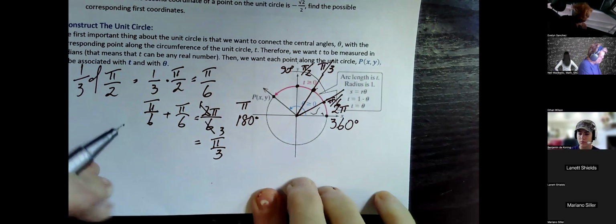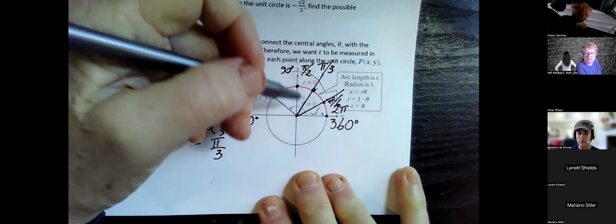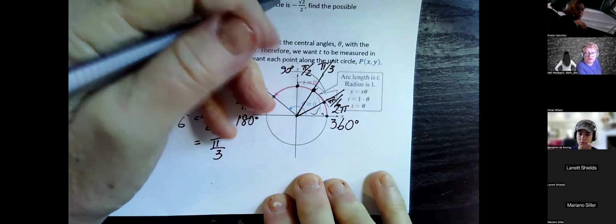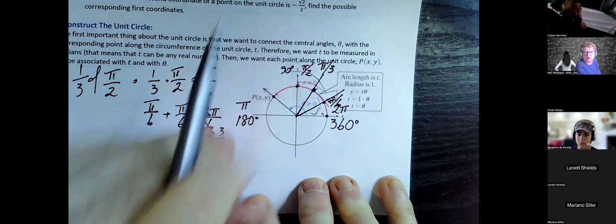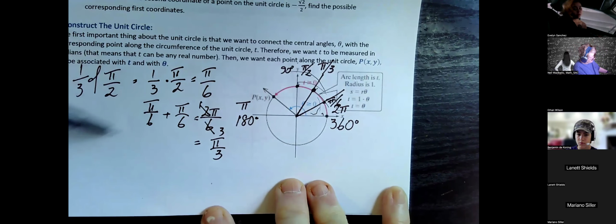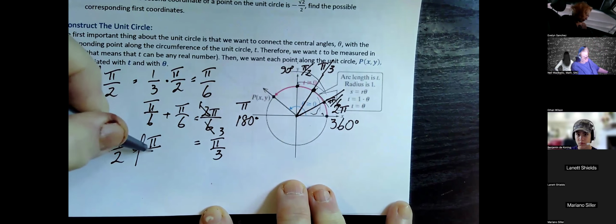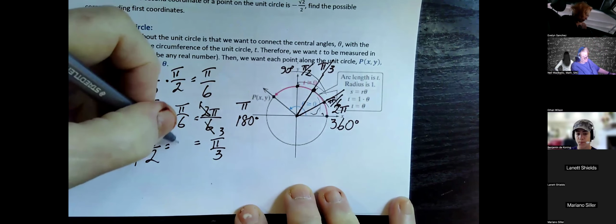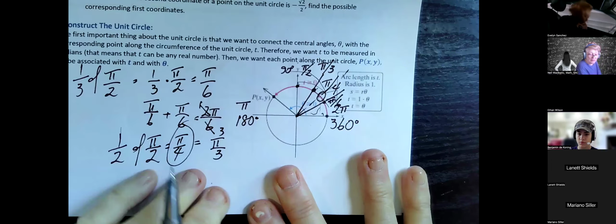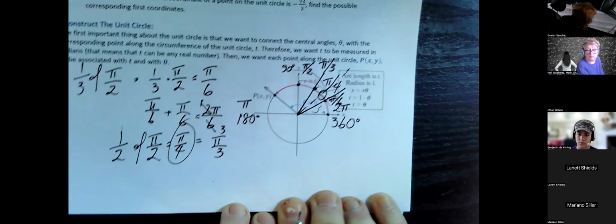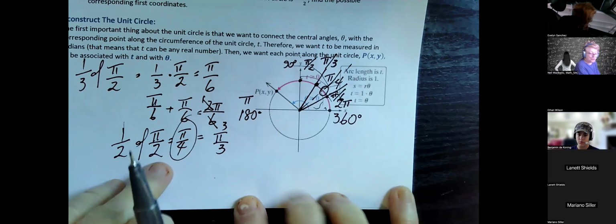And now we want to take half of this first quadrant. So what is half of pi over 2? Pi over 4. Good. And we should also be filling in the degrees.